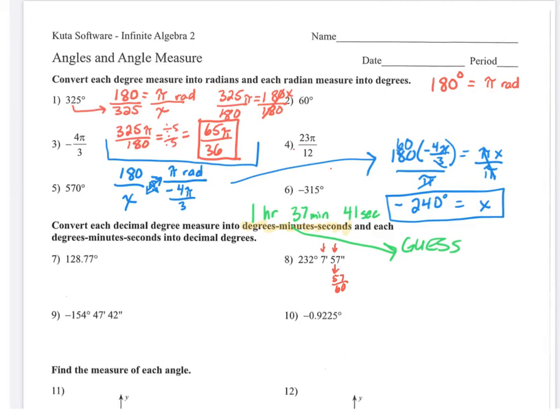If you divide 57 by 60, you get 0.95. So that's equal to 0.95. So now you have 232 degrees, 7.95 minutes.